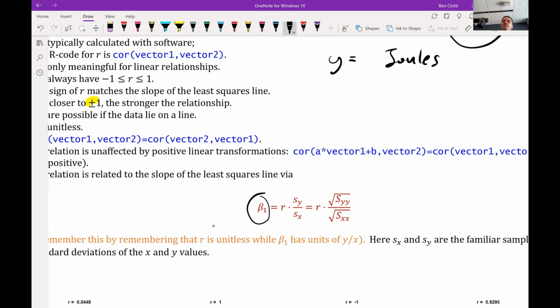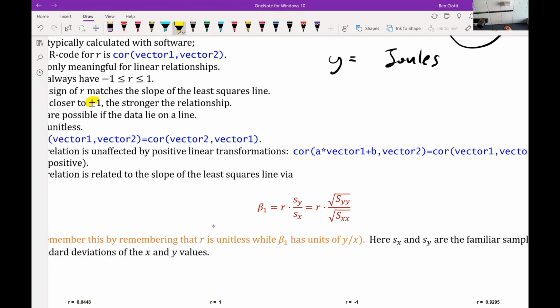It turns out that beta 1 is R times the standard deviation in the Y values over the standard deviation in the X values, which can also be expressed as R times the square root of the sum of the squared deviations in the Y values divided by the square root of the sum of the squared deviations in the X values.